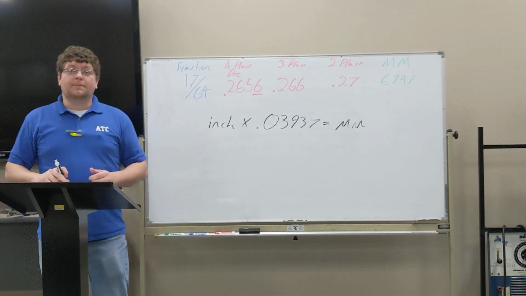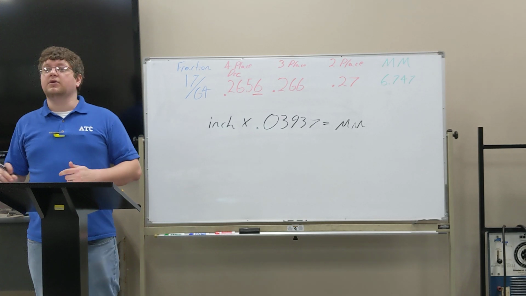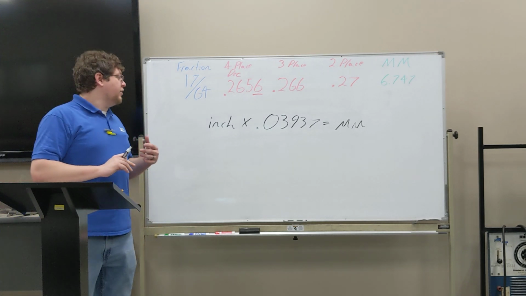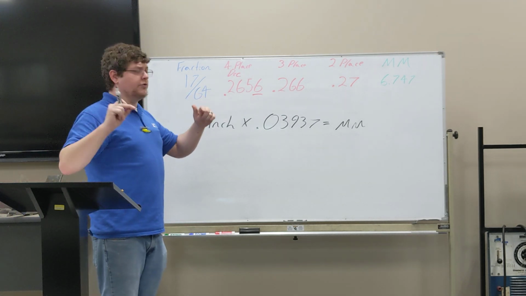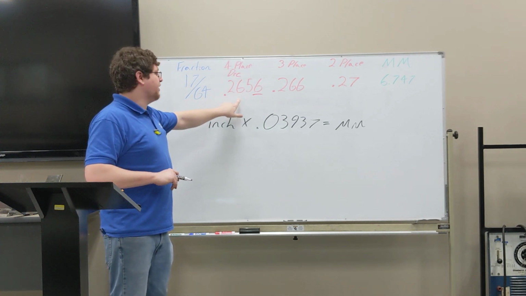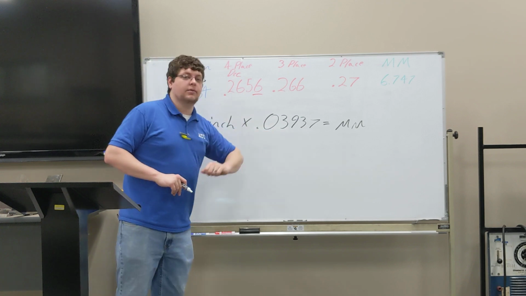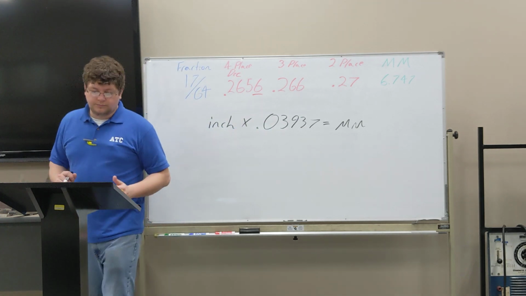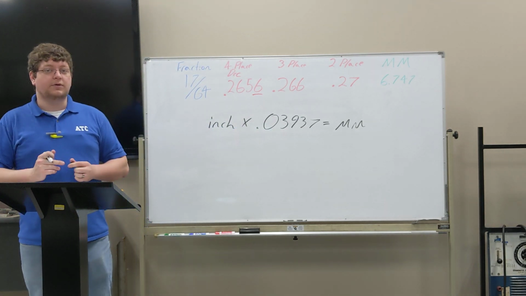That's another way you can do it. If you want to write that down somewhere or keep it quick, instead of going through the chart and trying to find it, you can be like, hey, I need 17/64. I know what it is in decimal. Take it, times it, go millimeters. So that is another way of doing it.